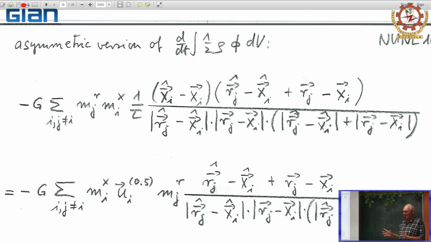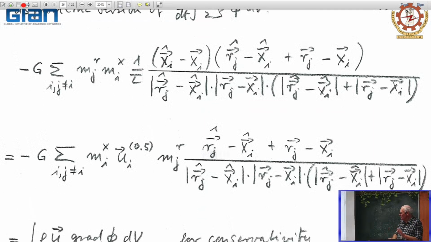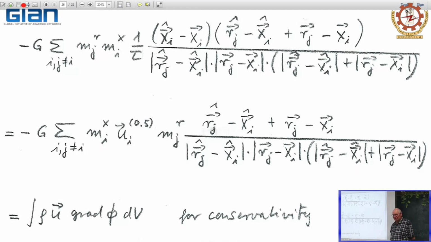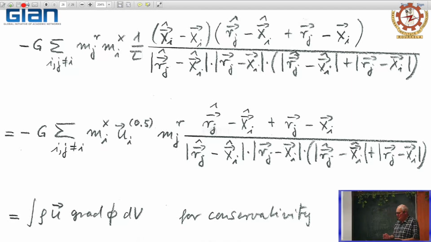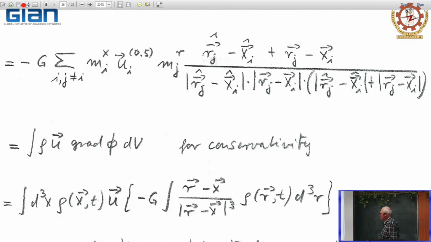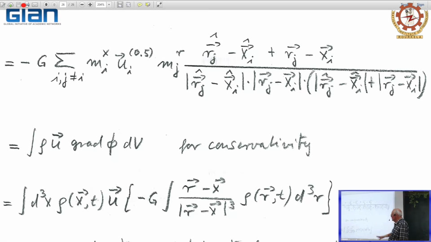So we follow closely the derivation of the energy conservation law, which we considered before, to derive the factor 1/2. And this quantity, which is now obtained by removing this factor 1/2, has to be, for conservativity, equal to rho times velocity times the gradient of the potential.